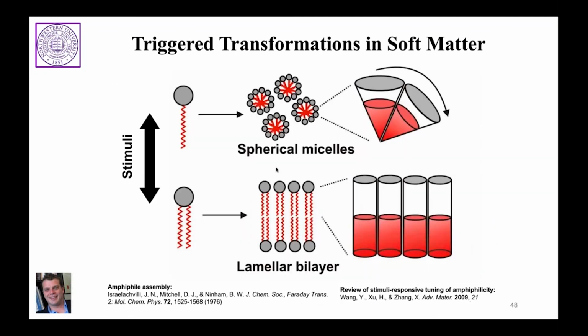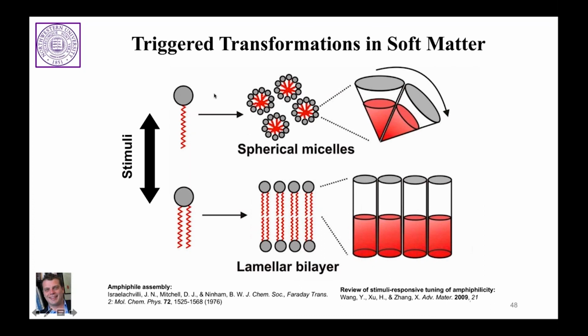This is shown again here on this diagram, where now we have a stimulus that's actually changing the three-dimensional structure of each surfactant. This is shown in a very simple cartoon to stress the point, but you might imagine a simple surfactant, a polar head group and a hydrophobic tail. They pack together closely in order to, again, exclude water from the core. So this is an entropic effect, and gives you this kind of spherical micelle.